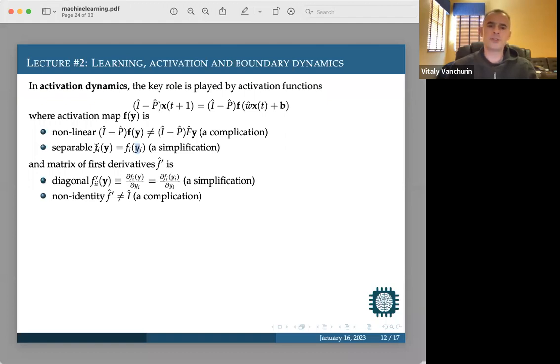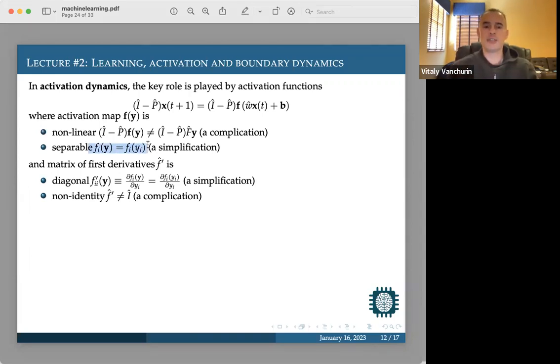Now, an important property of this activation map that you can extract is to look at its matrix of first derivatives. So f is a vector, y is a vector. They both have components. You can differentiate f_i with respect to y_j. The first assumption that we make is that this matrix is completely diagonal, and that comes from separability.